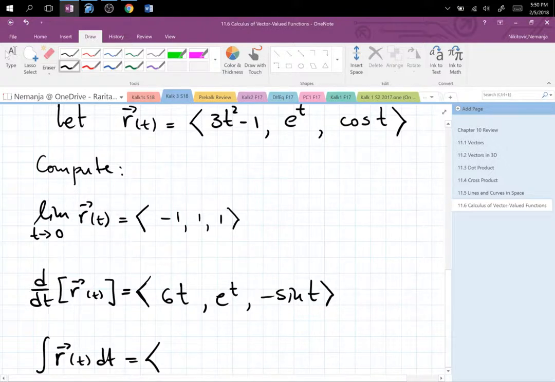How about our integrals? T minus T plus C. If you don't have plus C, that's -1 on the first coordinate, -1 on the second coordinate, and -1 on the third coordinate for -3.